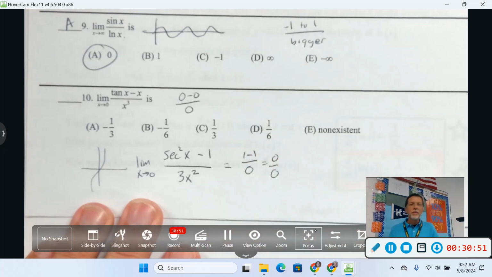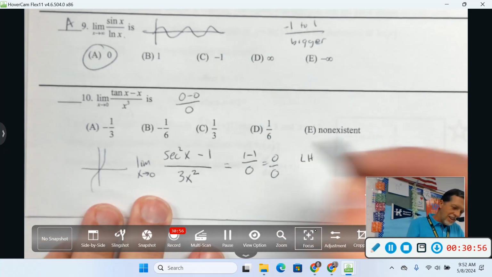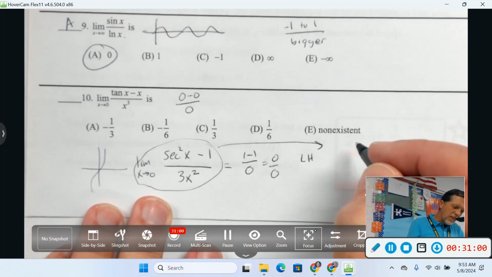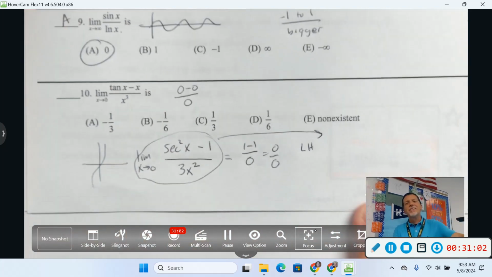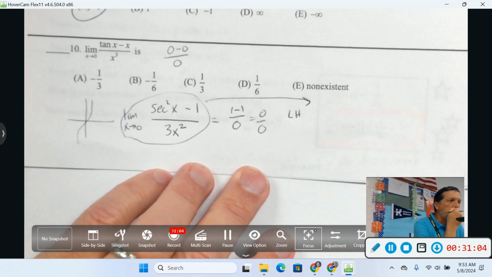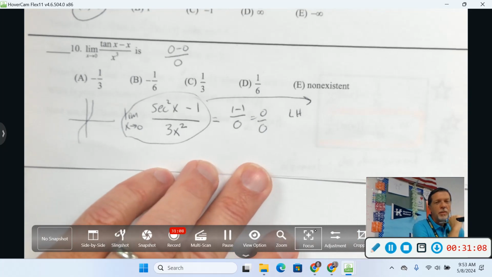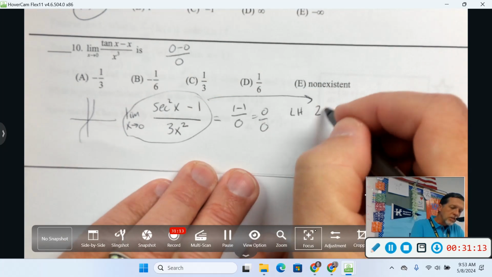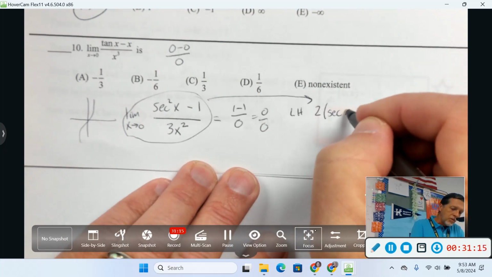So what am I going to have to do now? Again. So back to this guy, L'Hopital on him. Oh, derivative of secant squared. Yuck. Well, the derivative of secant is secant tangent. But before I get to that, I've got to think about power rule. So 2 times secant of x.